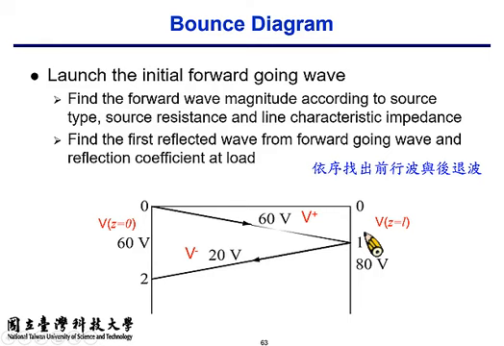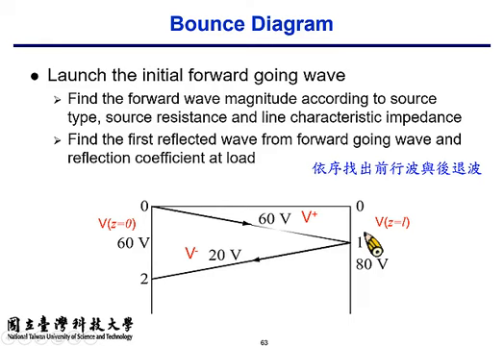So what is the V minus plus signal? V minus plus equals V minus, which is 20, times gamma S, which is minus 1/5. That will be minus 4. So at this end, after 2 microseconds, you will observe 60, 20, and minus 4 at the same time.